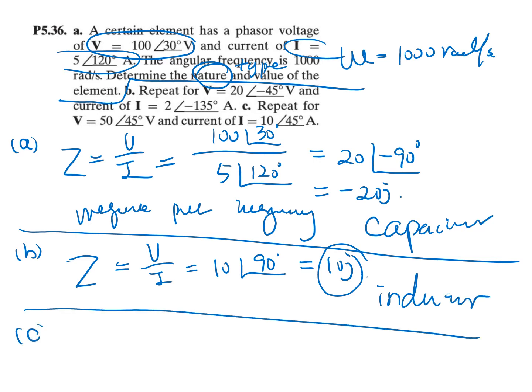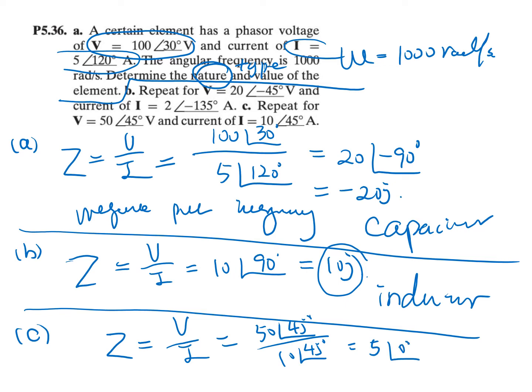Question C. Z is equal to V over I. Well, we substitute the number. You can see that now there's no phase, where the phase angle is equal to 0 degrees.